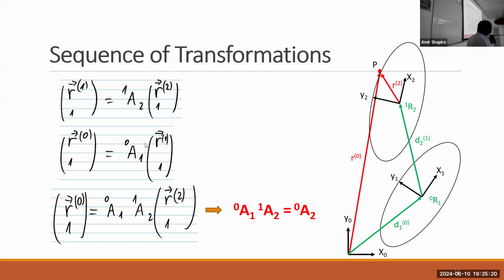So if I want to transform points from reference frame 2 to 0, I do first 2 to 1, then 1 to 0, simply multiplying the transformation matrices in this order in order to transform vectors from reference frame 2 to 0.